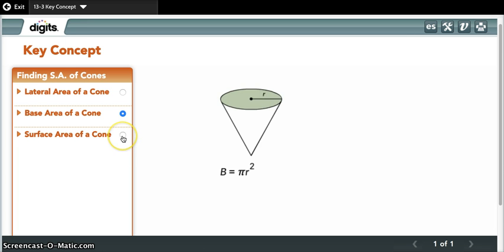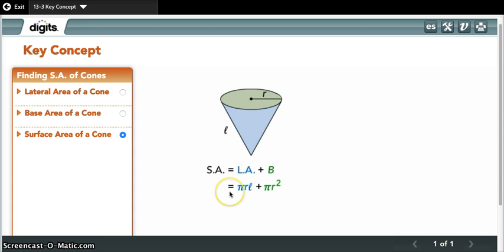But if we need to find the surface area of a cone, we need both. Surface area, or SA, equals lateral area, LA, plus area of the base, B, or pi r L plus pi r squared. Okay, so here's our formula for surface area of a cone.